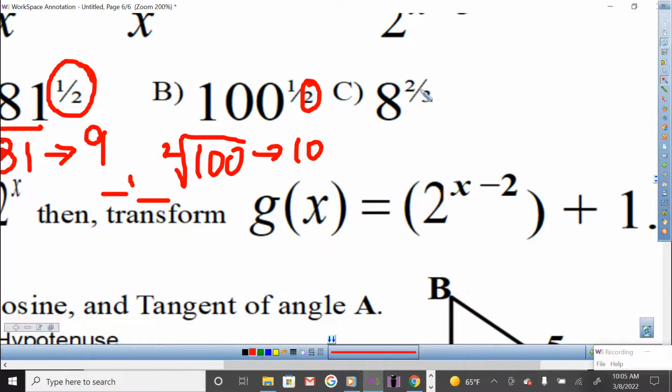So that means I need to rewrite this in a way that we have a fraction with a numerator of 1. So how can I rewrite this? 1/3. Is that correct? So what do we do with that 2? We just write it to the side. 2 times 1/3 is the same as what? 2/3. So now we have 8 to the 1/3 times 2.